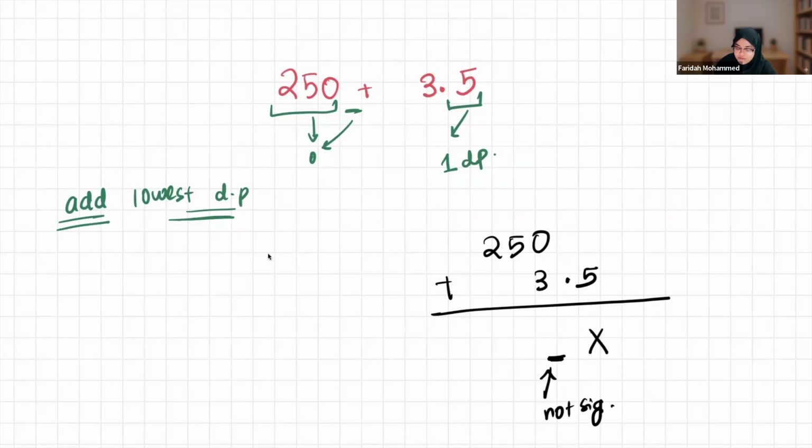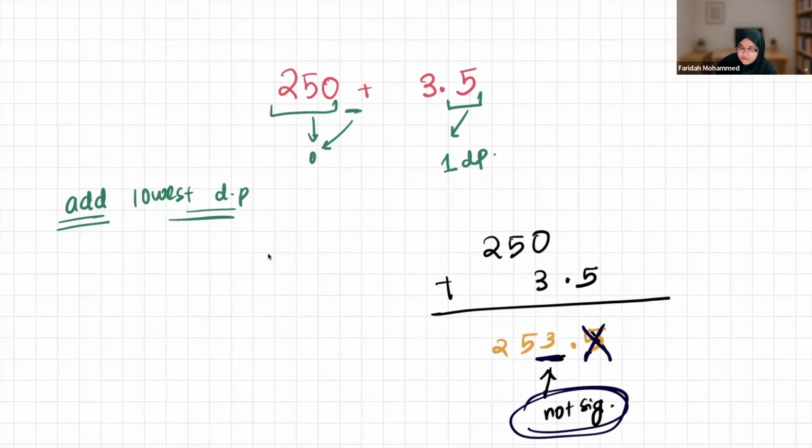Okay, so when you add, you would have what? Let me just write down the answer first. You would have 253.5. The 0.5 you cannot have. But the 3 also needs to be not significant.